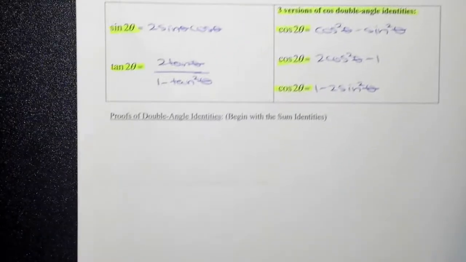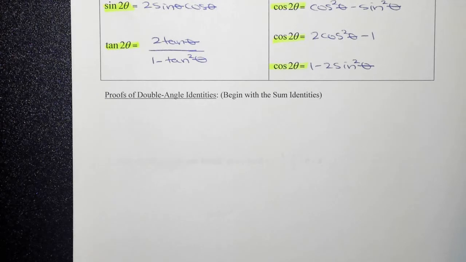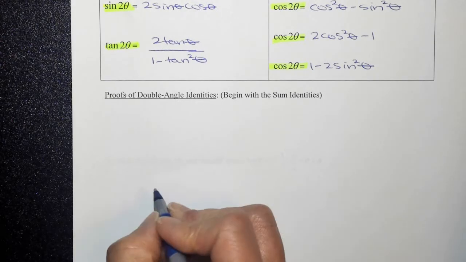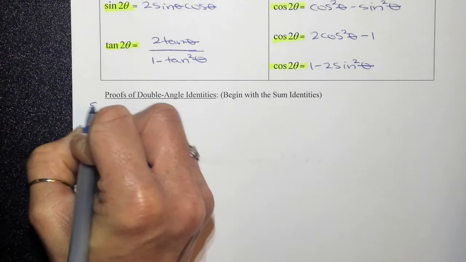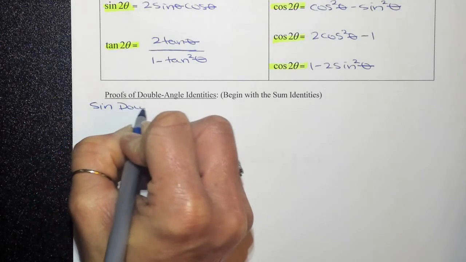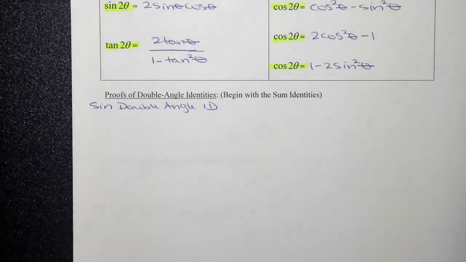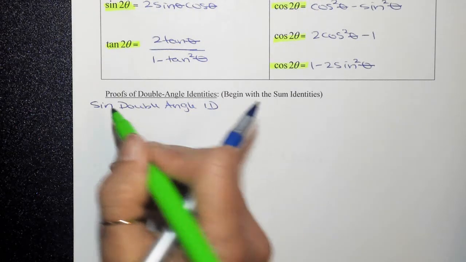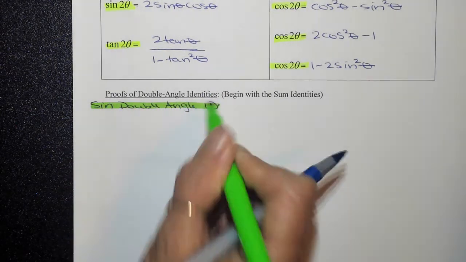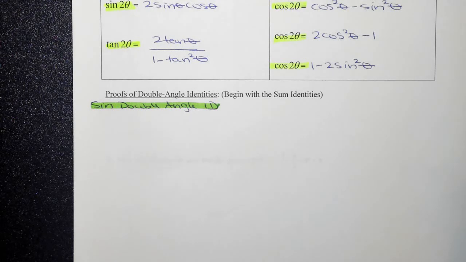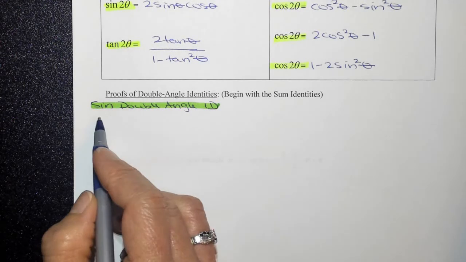Okay, so let's start with the proof for the double angle for sine. And as stated before in the very beginning, you start off with the sum identity or the addition identity.